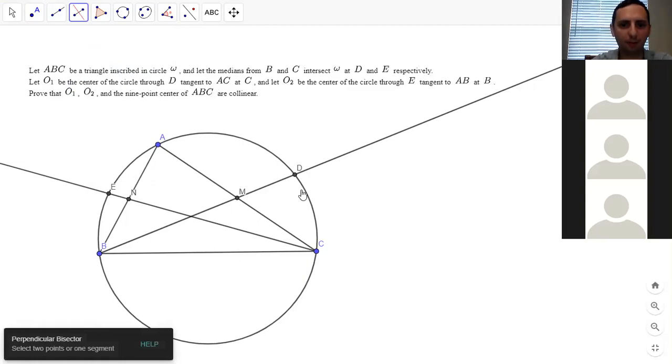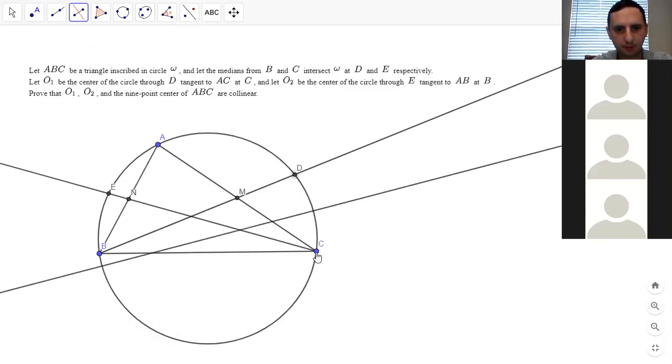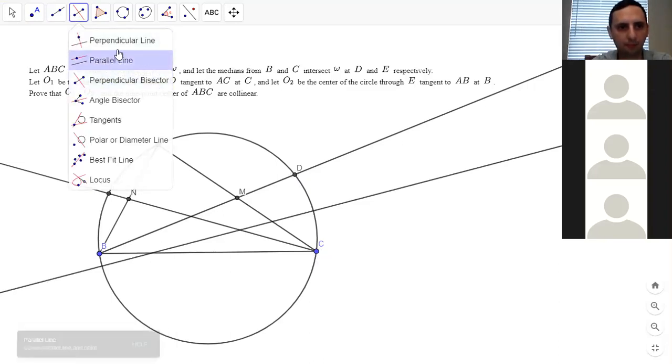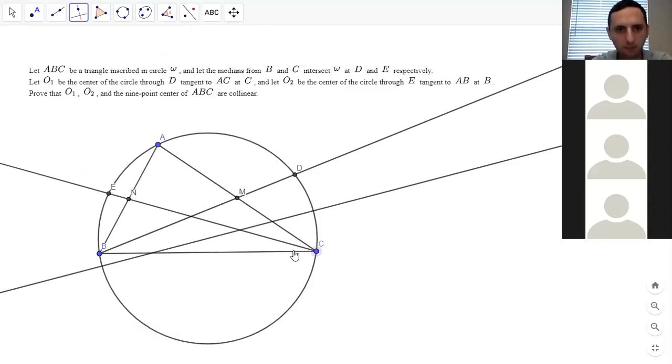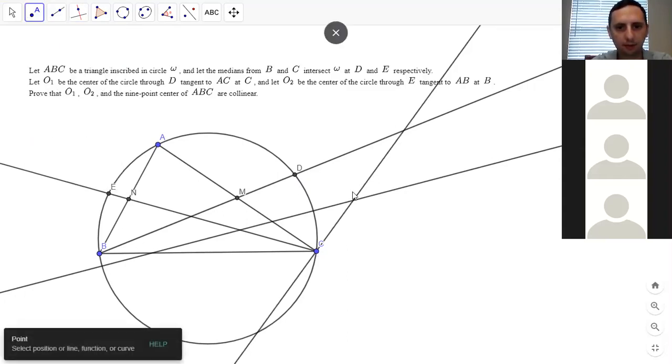We've had a lot of problems like this today. So through D tangent to AC. So this would be the center of that circle.